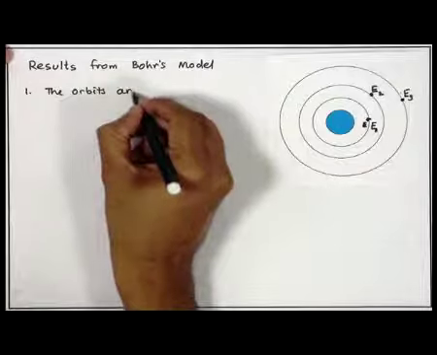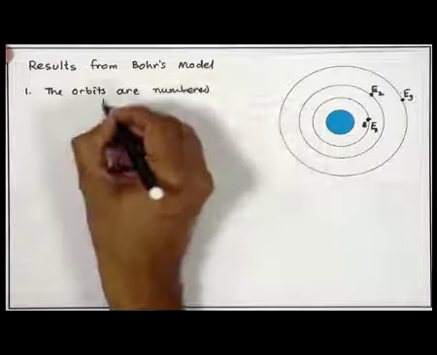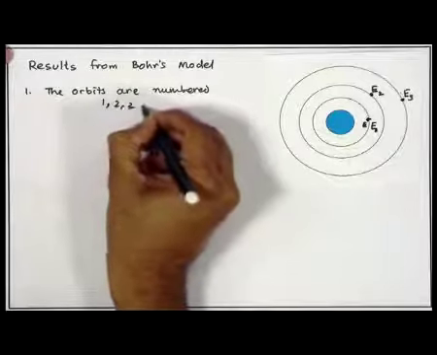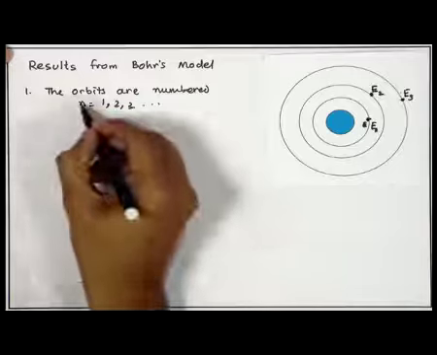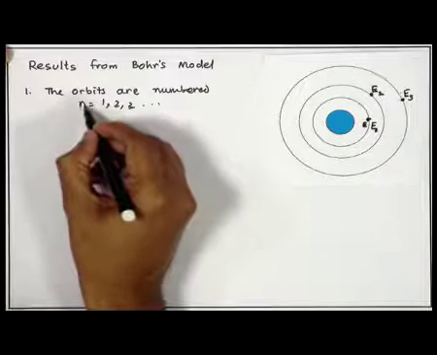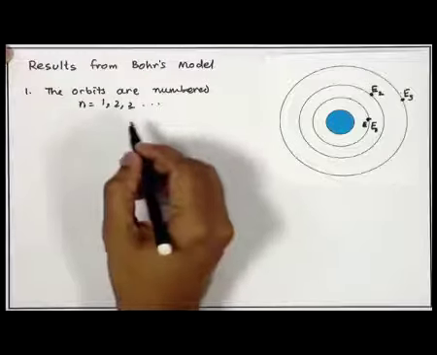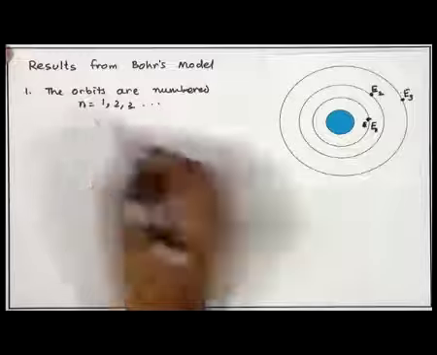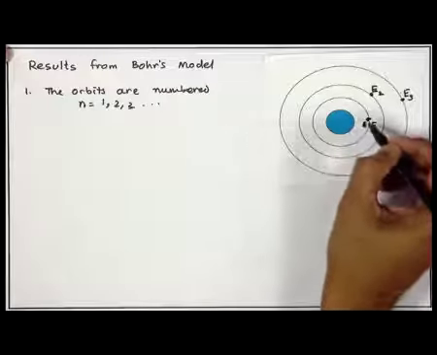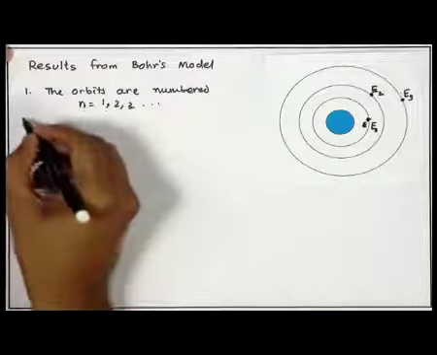The orbits are numbered 1, 2, 3, so on and so forth. n goes from 1, 2, 3, 4. We will soon understand the physical significance of this n, but at the moment let us use it as a bookkeeping exercise, where n is an index which indicates the orbits 1, 2, 3 and so on and so forth.